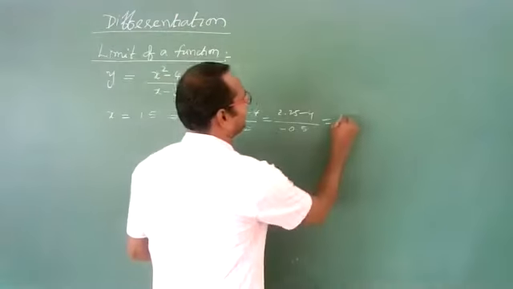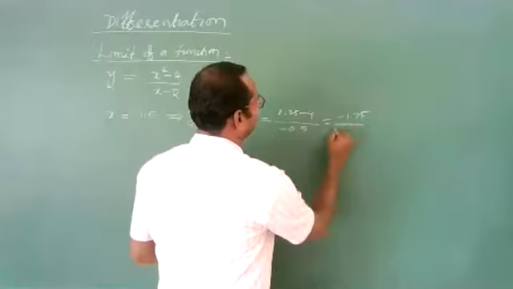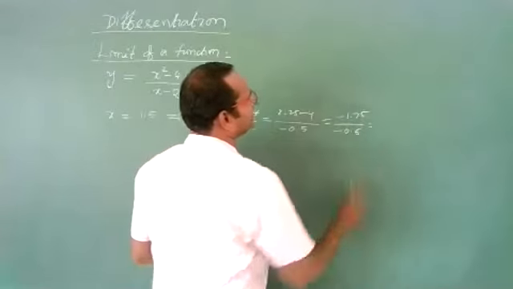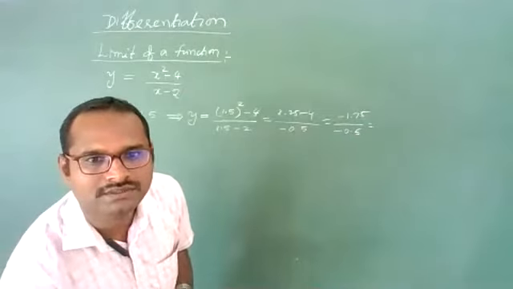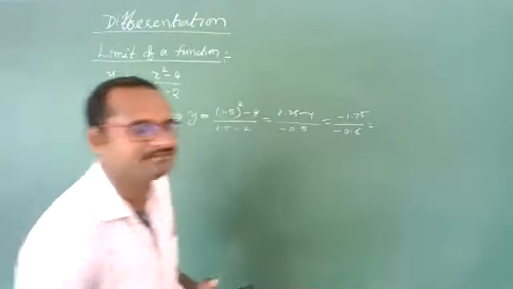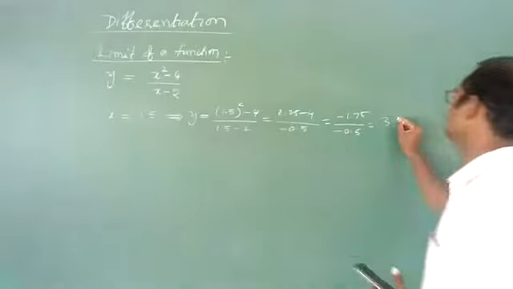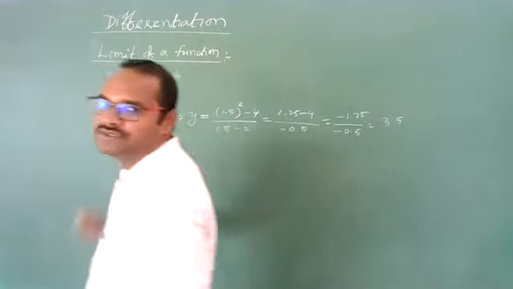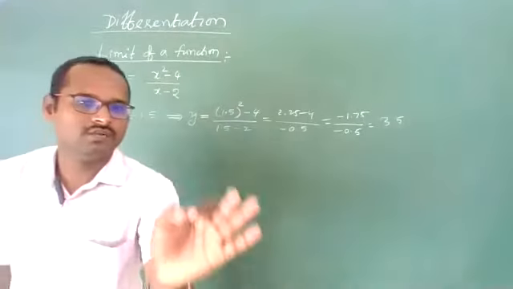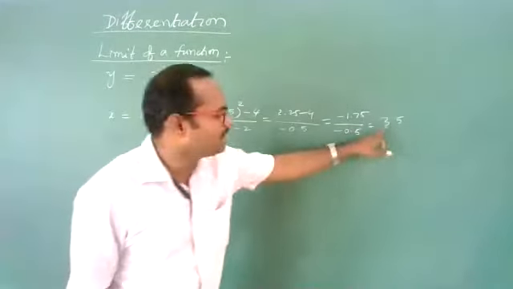You will get minus 1.75 divided by minus 0.5. If you divide these two, you will get the value. Few students have said it is 3.5. Clear, students? Yes, it is 3.5. It means for x equal to 1.5, we have got one exact value, which is 3.5.